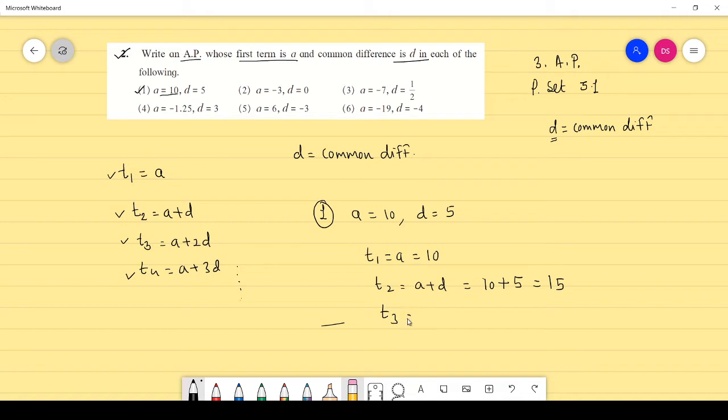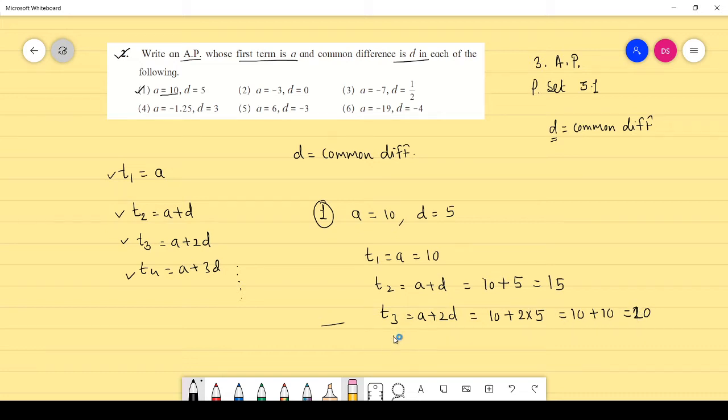Next, T3 will be A plus twice D, which is 10 plus 2 times 5. Two fives are 10, so the third term is 10 plus 10, that is 20.